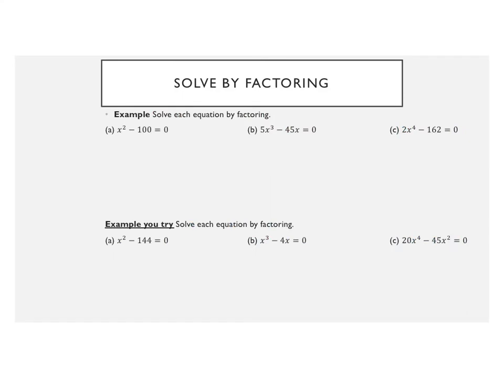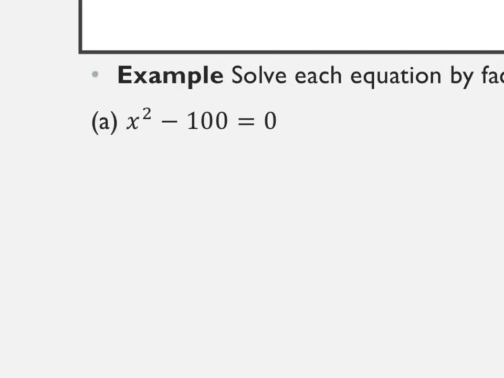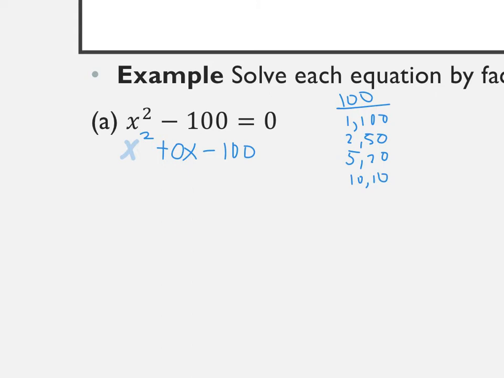Okay, so now we're going to look at some more types of examples. Just like we did in the previous slide, we're going to follow the same exact steps. Now I want you to think of this as x squared plus 0x minus 100. So if I list my factors of 100, notice we have 1 and 100, 2 and 50, 5 and 20, and 10 and 10. So which pair is going to add to give me the middle 0?